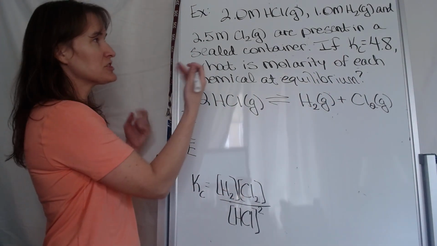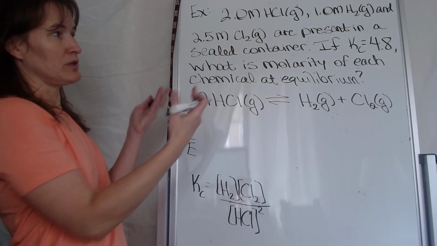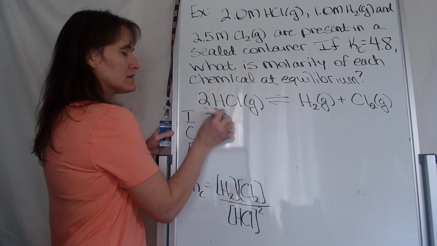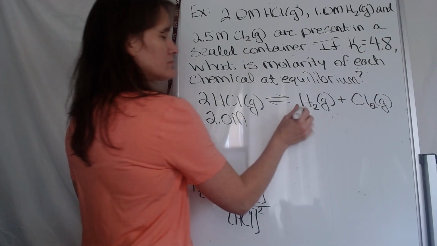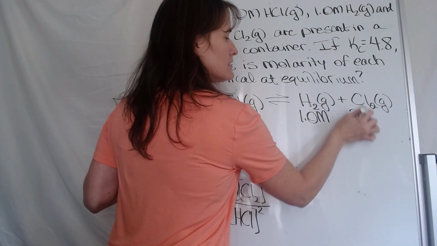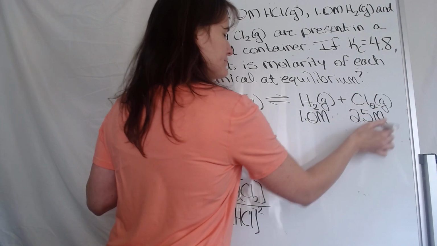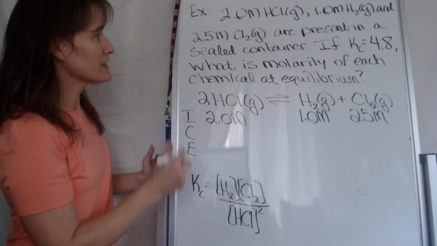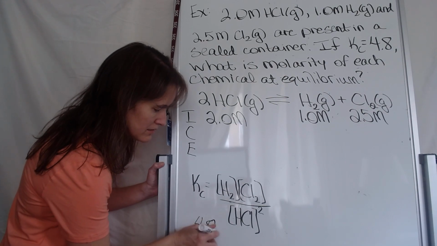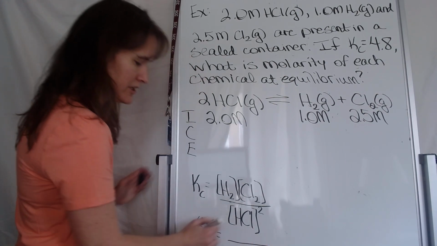So this is how much you're initially given, and it doesn't say at equilibrium, so you can't say it's equilibrium. So we're going to write down 2 molar, 1 molar, and 2.5 molar. Okay, we know that K sub C is 4.8. So I'll go ahead and put it down there.